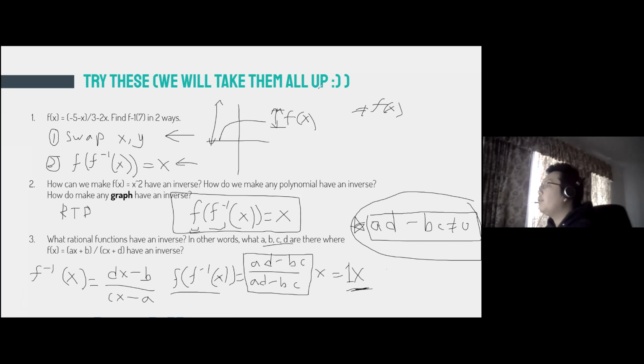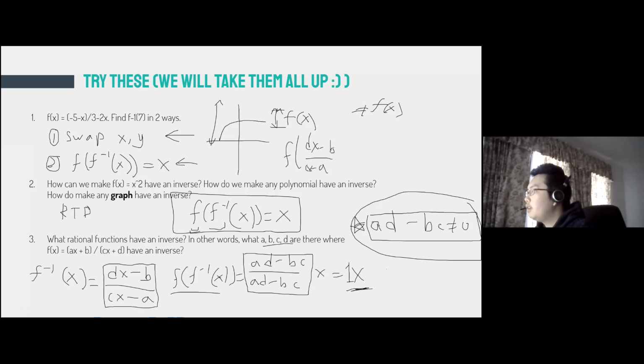All right. So how did you get AD over BC? You just plug this into f. So what you would actually get is f of (dx minus b) over (cx minus a). And then you would get something really crazy, like a times (dx minus b) over (cx minus a), minus b, over c times (dx minus b) over (cx minus a), plus d.